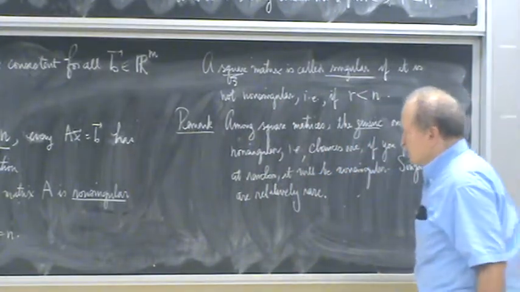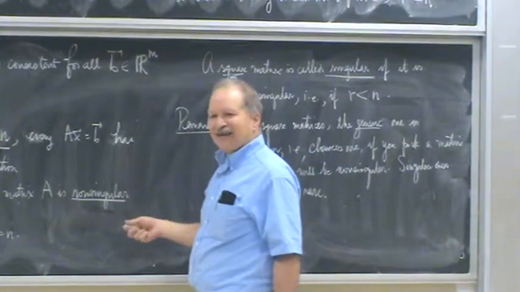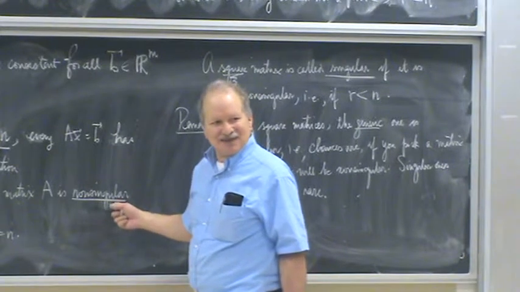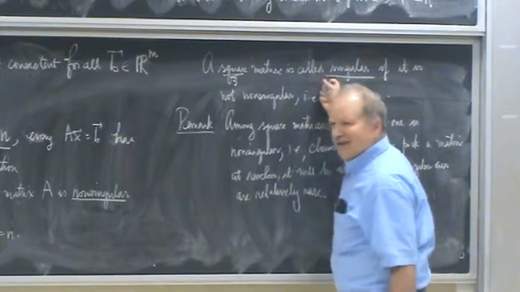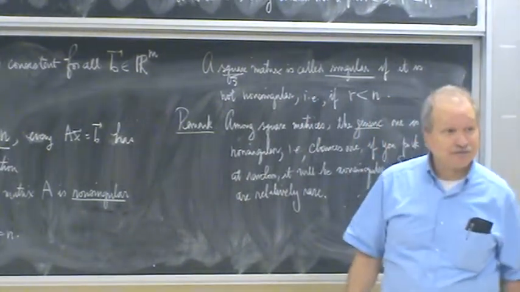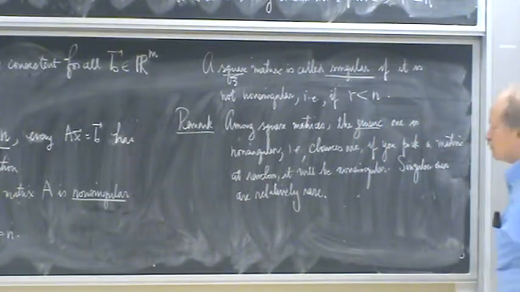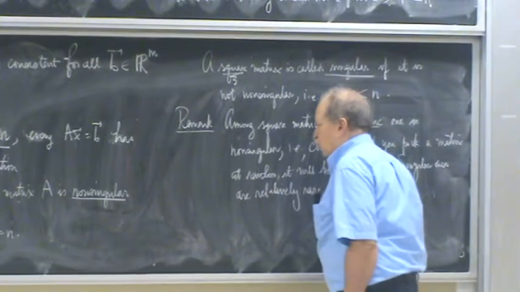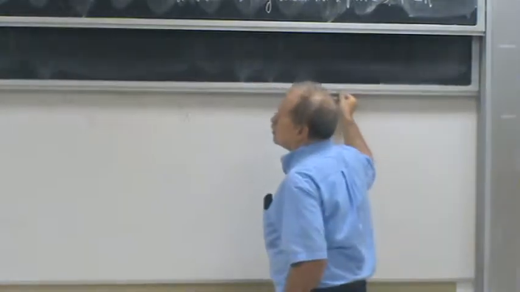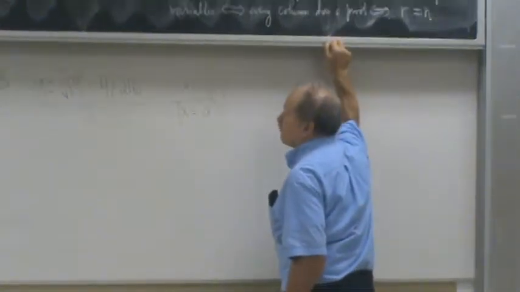So you might puzzle yourselves for a while about why this is the generic behavior, why it's what happens most often and this is rare. We'll come back to that. So that's a definition.